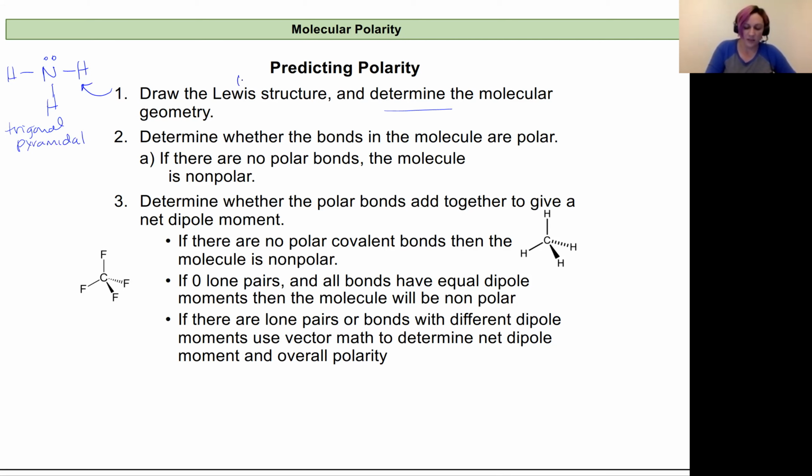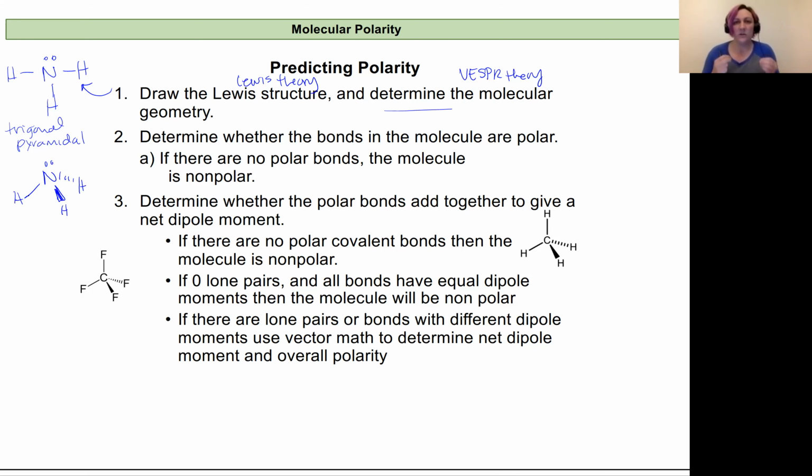This is using Lewis theory, and this is using VSEPR theory. Then I have my nitrogen like this, and I draw my three-dimensional picture.